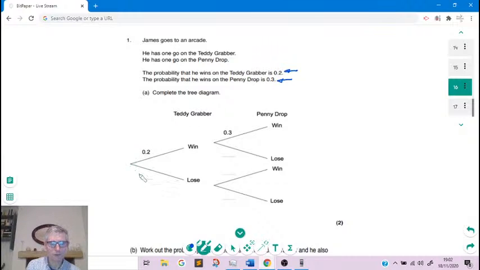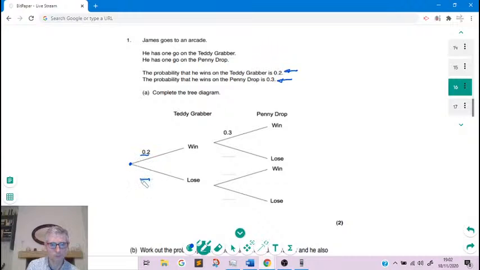The first thing that we can do is try and fill in this value, and it's very important to know that at any branch here, from this point, we've got two possibilities. We can either win on the teddy grabber or lose, and at this branch, all the probabilities will add up to make 1.